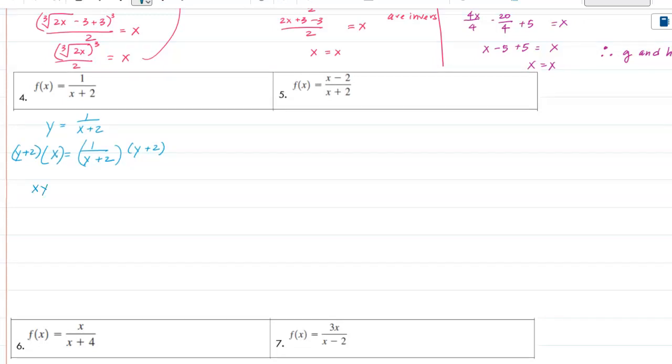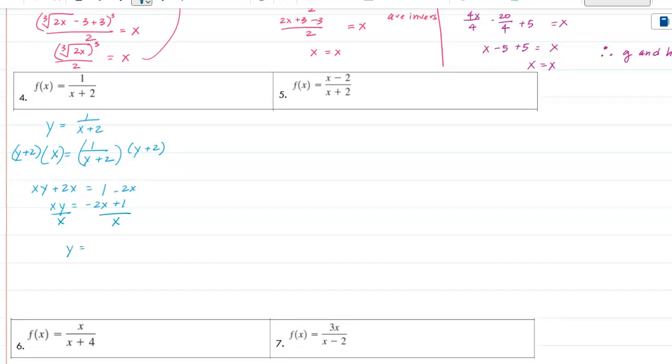So we get xy plus 2x equals 1. I'm going to move the 2x to the other side, so that's minus 2x plus 1, and then divide both sides by x.